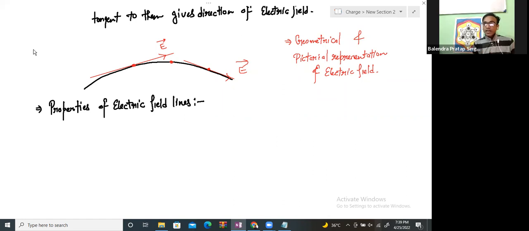The next part is the properties of electric field lines. The first property, as I already told you, is that the tangent to electric field lines gives the direction of electric field. So note it down.